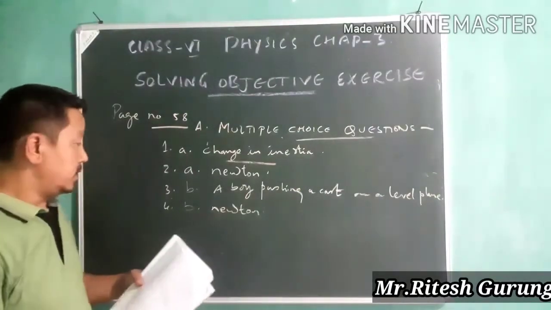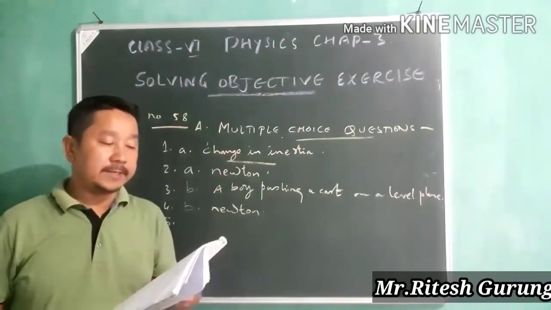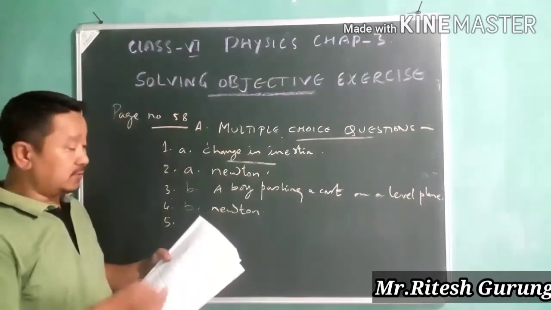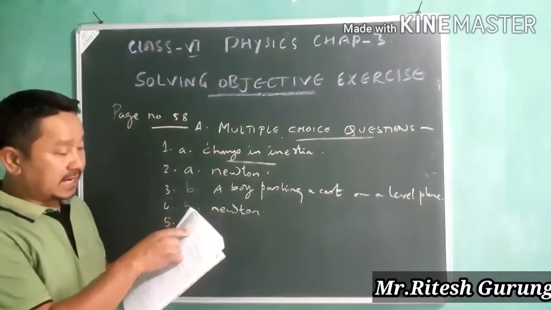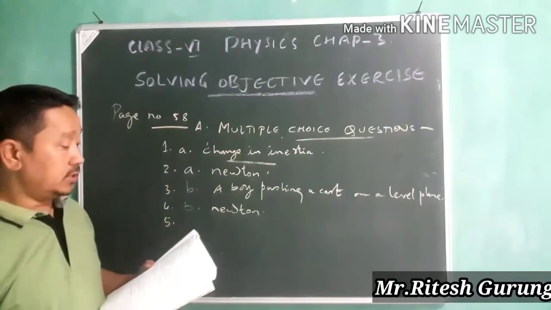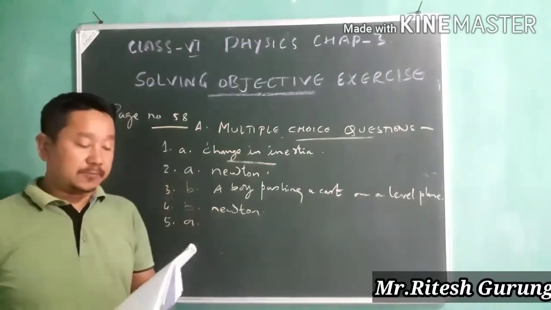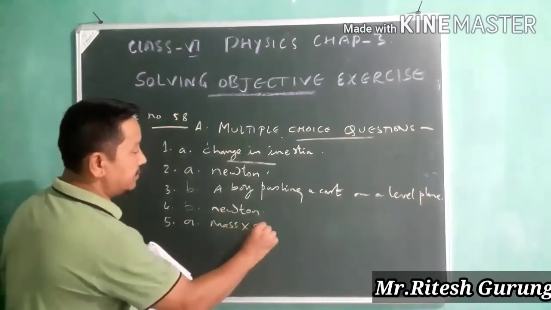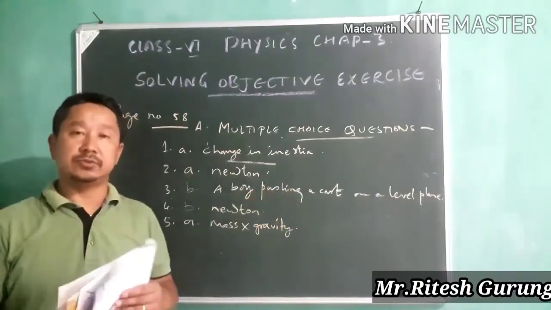Then we have number 5. The weight of a body equals what? Mass into gravity, mass by gravity, gravity by mass, none of these. Check your answer: option A, that is mass into gravity.